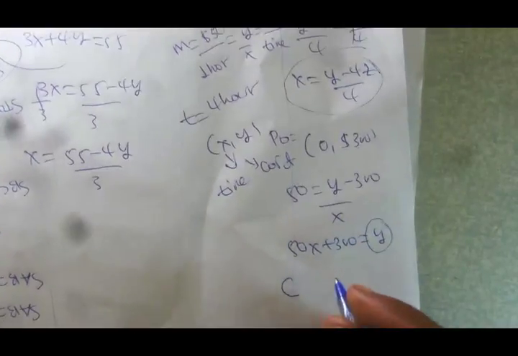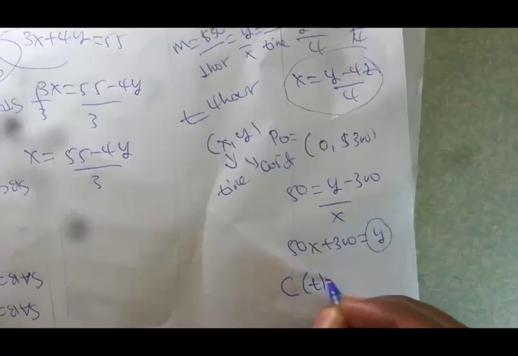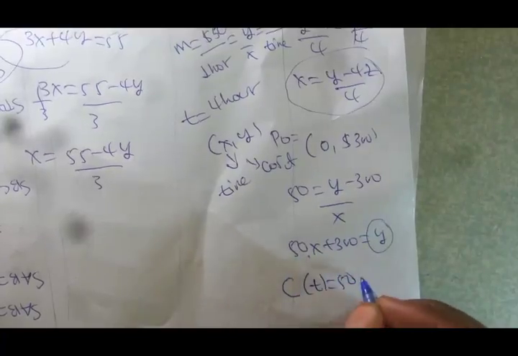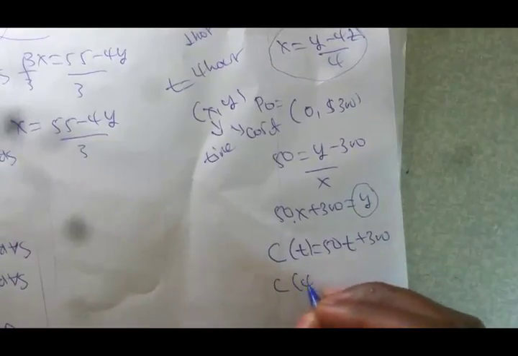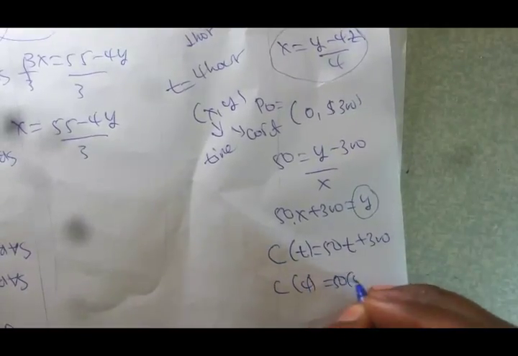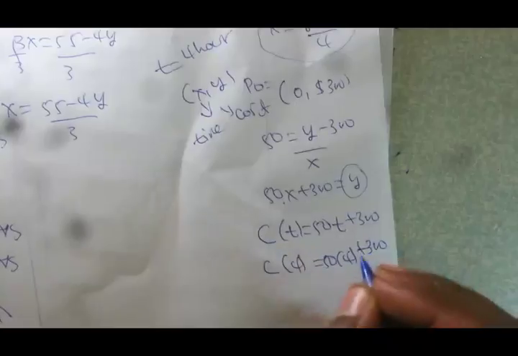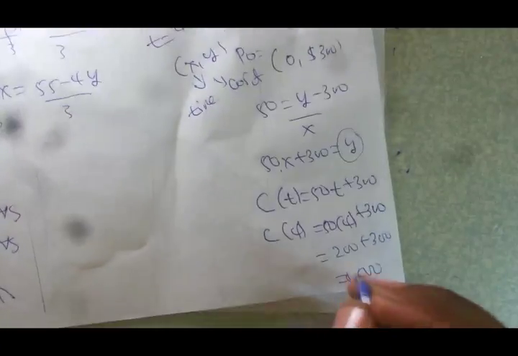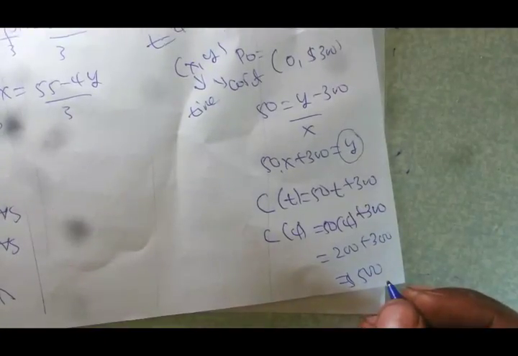Cost. C in terms of T is equal to 15T plus 300, where X represents time. We are asked to find C after 4 hours: 15 times 4 plus 300, 60 plus 300 is equal to 360. So he will have $360 at the end of 4 hours.